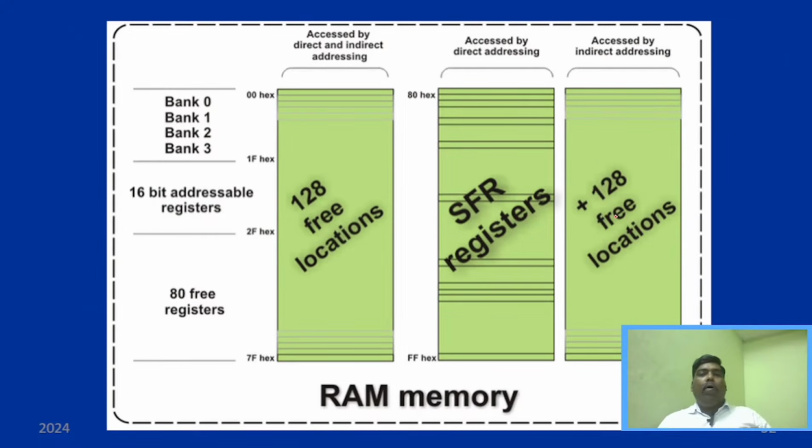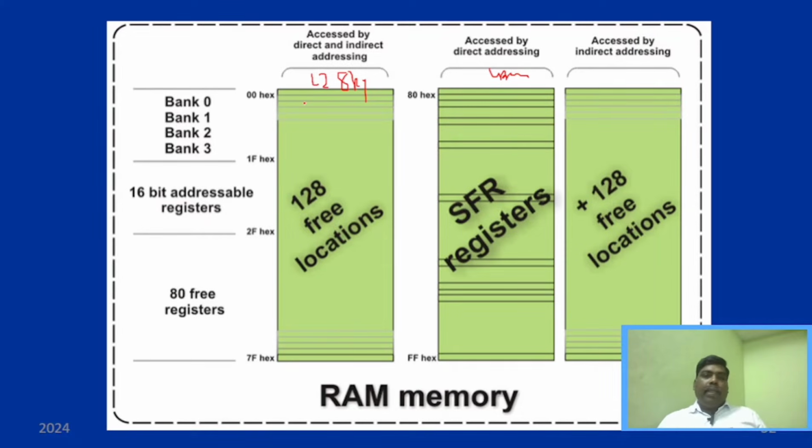Now we'll see how RAM memory is split. We know that we have upper 128 bytes and lower 128 bytes. As I said, the upper 128 bytes will be allocated for special function registers, and in the lower 128 bytes you will have a lot of registers.